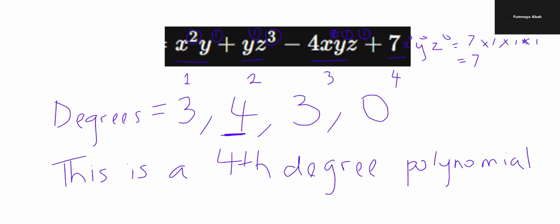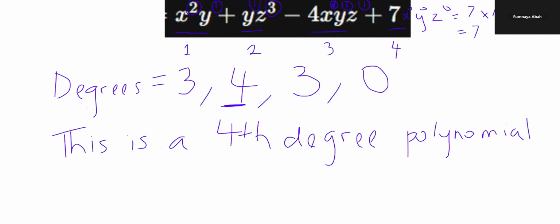So let me rearrange this. All right, so if we were to rearrange this based on the degrees of the expression in the original question, let me erase all this.